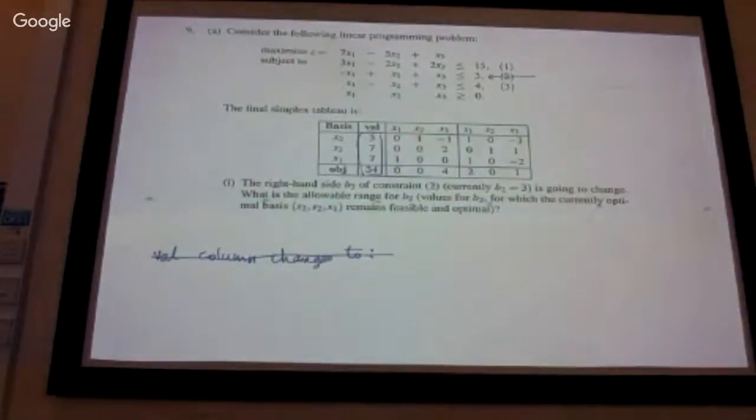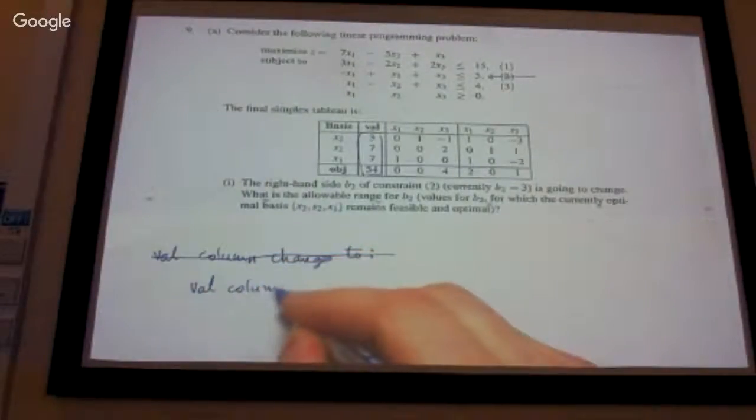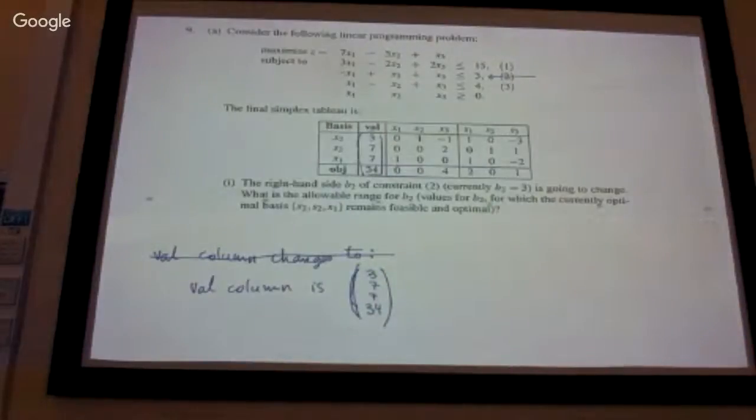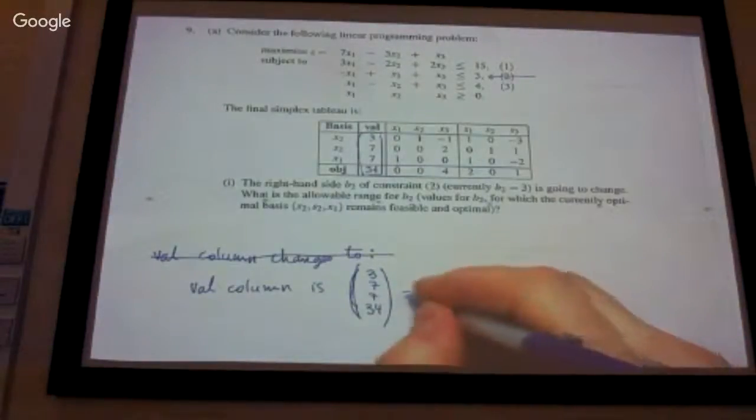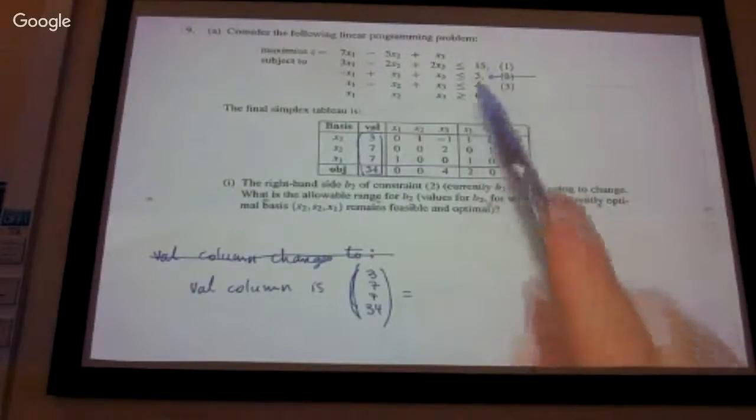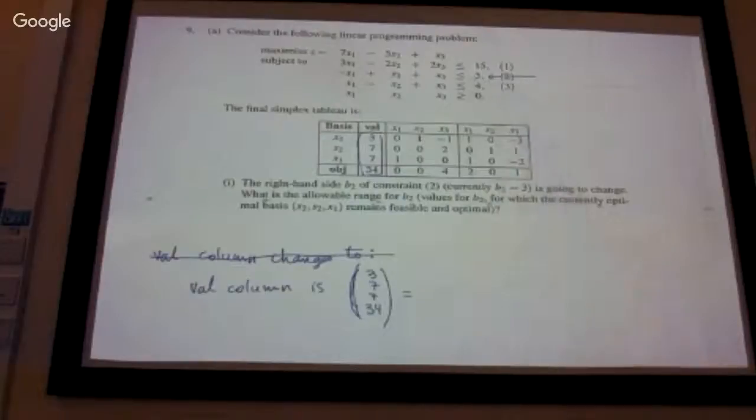The val column currently is 37734, which, as we know, we can get by looking at these columns here, the S1, S2, S3 columns, and taking 15 times S1 plus 3 times S2 plus 4 times S3.